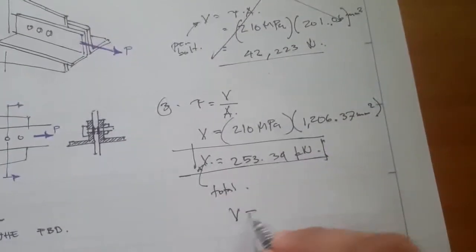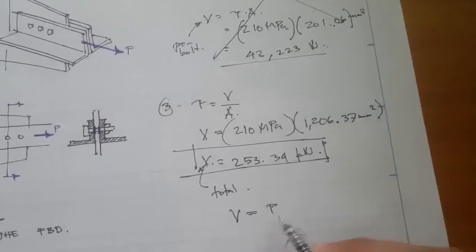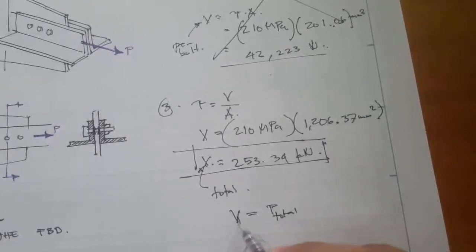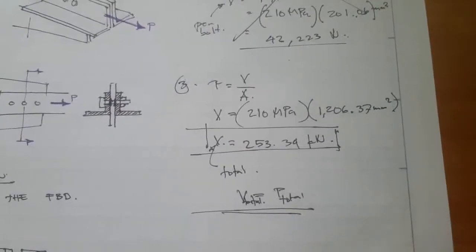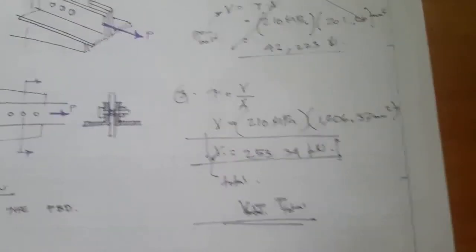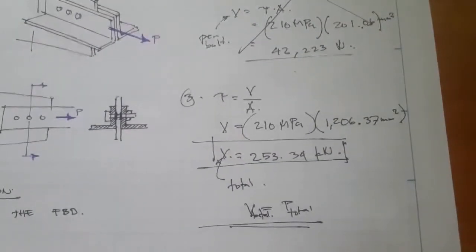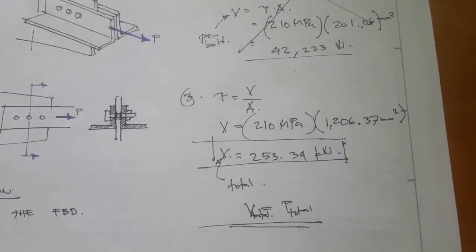This is simply V total. Okay, so I think that's all. And what else? I think in the next video we'll do 2 more problems for these members in shear.